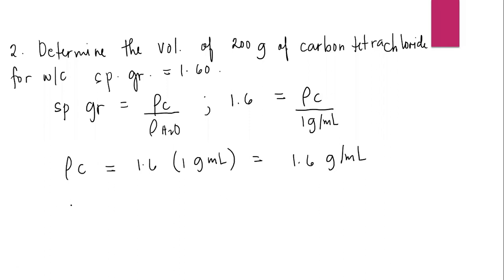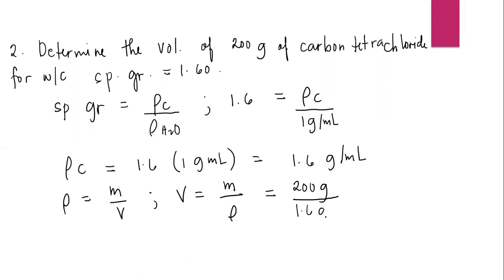Then, using the formula density is equal to mass over the volume, therefore, we have volume is equal to mass over the density. We have the constant value for the mass, which is 200 grams. Okay, therefore, we have 200 grams over the density of the carbon tetrachloride, which is 1.6 gram per ml.